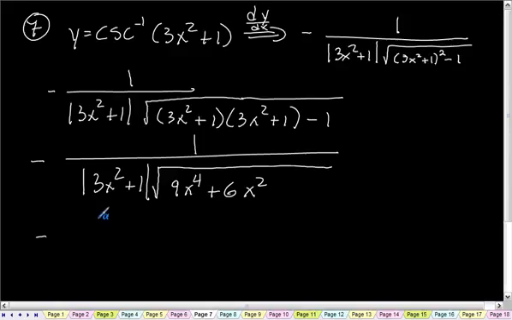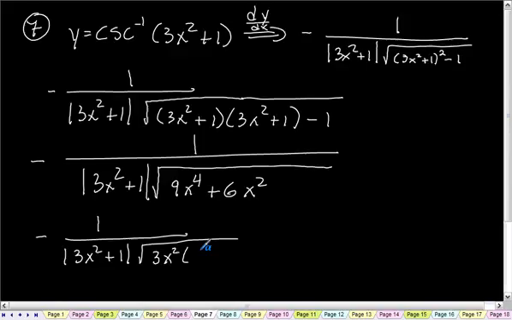On the inside, I always try to pull stuff out to see if I can; the absolute value I can't do anything with. On the bottom, from the 9x to the fourth and the 6x to the second, I can pull out a 3x squared from both of those. I'm left with 3x squared plus 2.